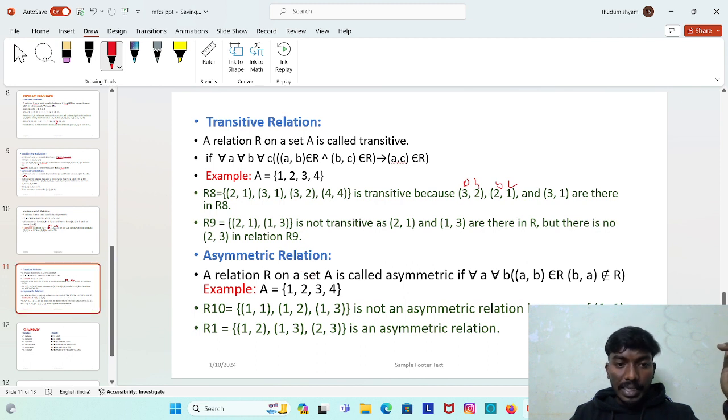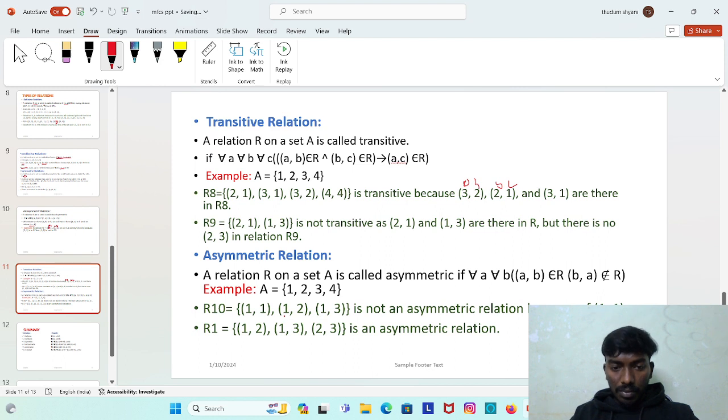And the next one is the asymmetric relation. A relation on a set A is called asymmetric if for all a and for all b, a comma b belongs to R implies b comma a does not belong to R. Example: A is equal to 1, 2, 3, 4. Here we consider a relation 1 comma 1, 1 comma 2, 1 comma 3. This is not an asymmetric relation because of 1 comma 1, since a comma b belongs to R and b comma a also belongs to the relation.